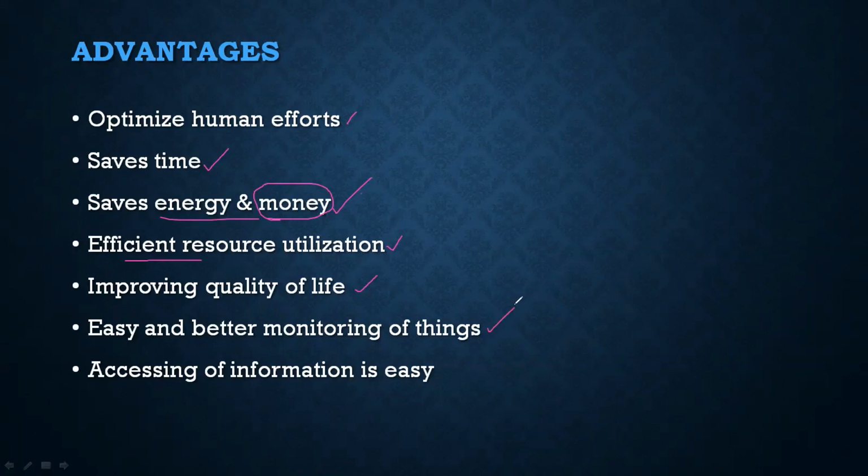IoT technology allows humans to automate and control the tasks without human interaction, because the devices communicate with each other through the internet medium. Means the devices connected to the IoT system communicate with each other and they can monitor each other. By that we can say the monitoring of the devices is easy and better.